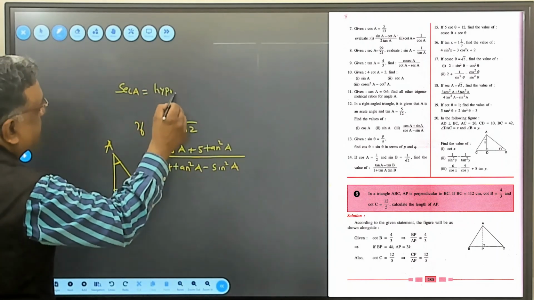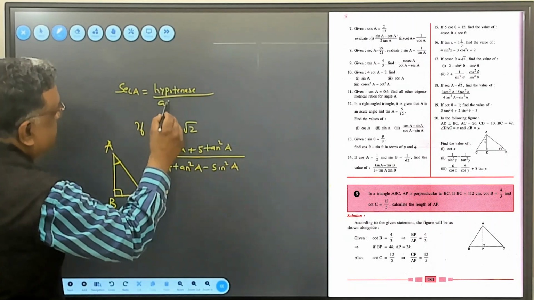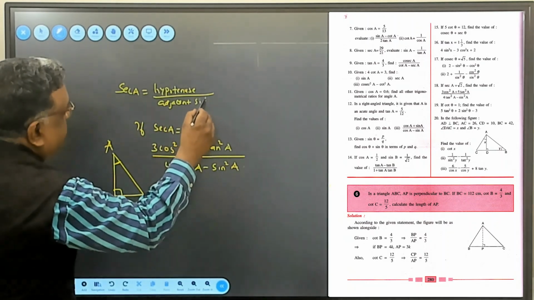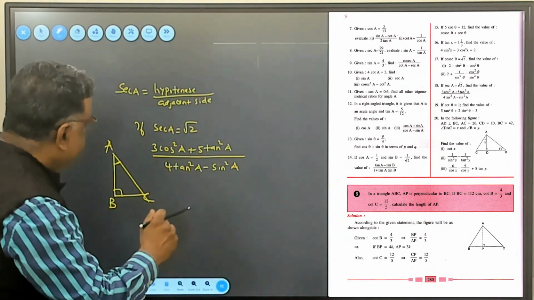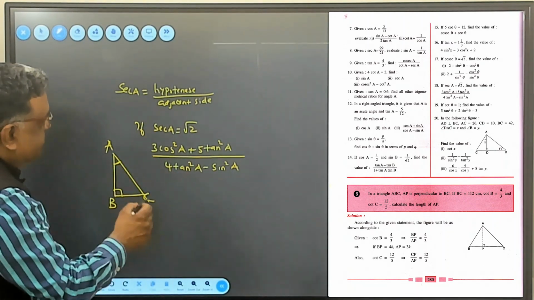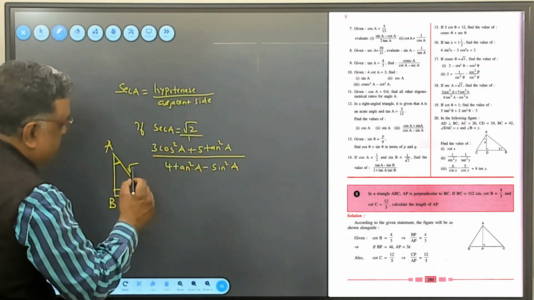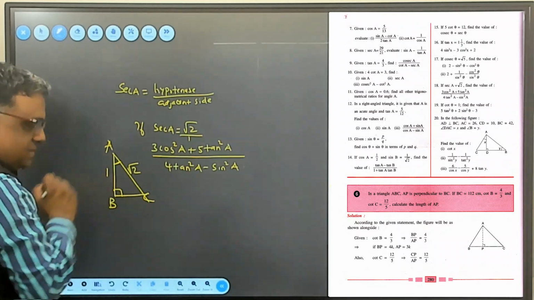Hypotenuse upon adjacent side, right? Because it is the reciprocal of cos. Cos is adjacent side upon hypotenuse. So this is root 2 upon 1, where root 2 is the hypotenuse and 1 is the adjacent.